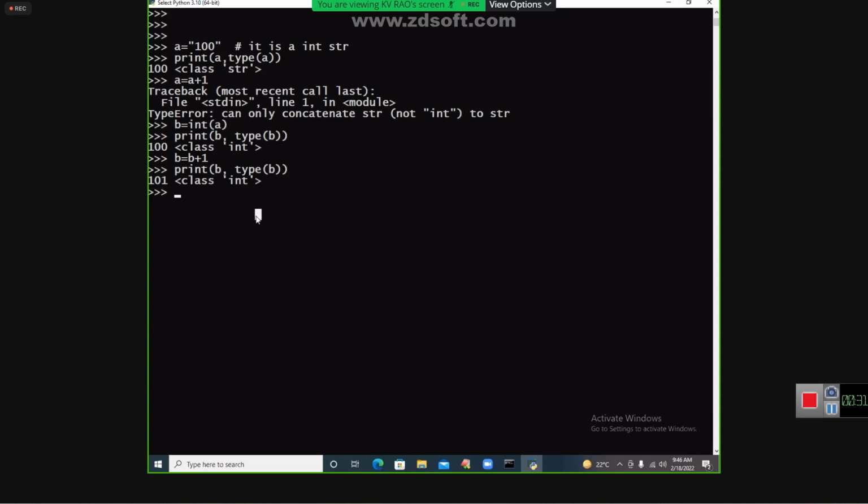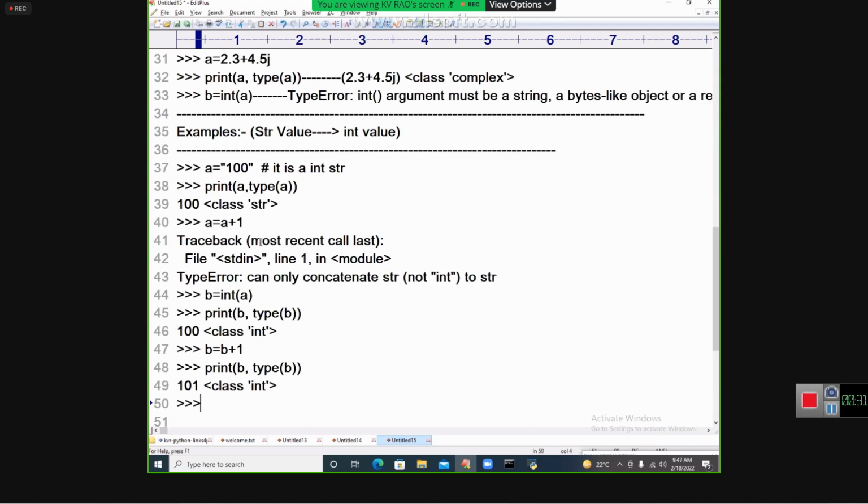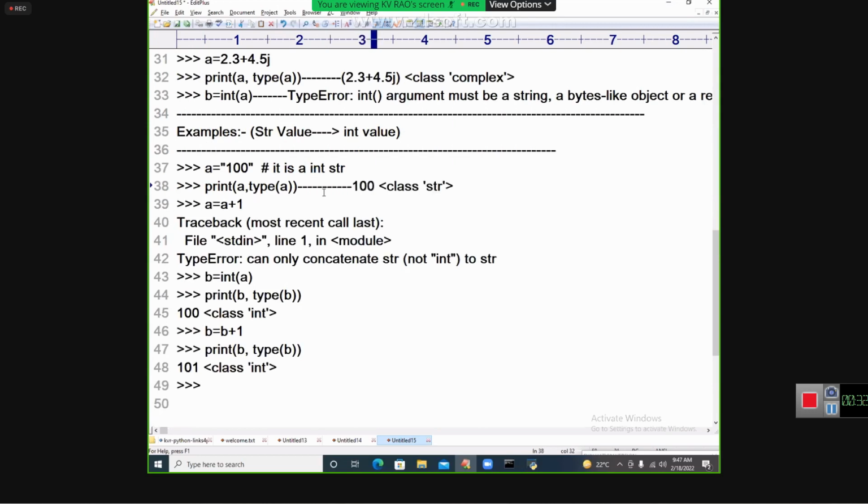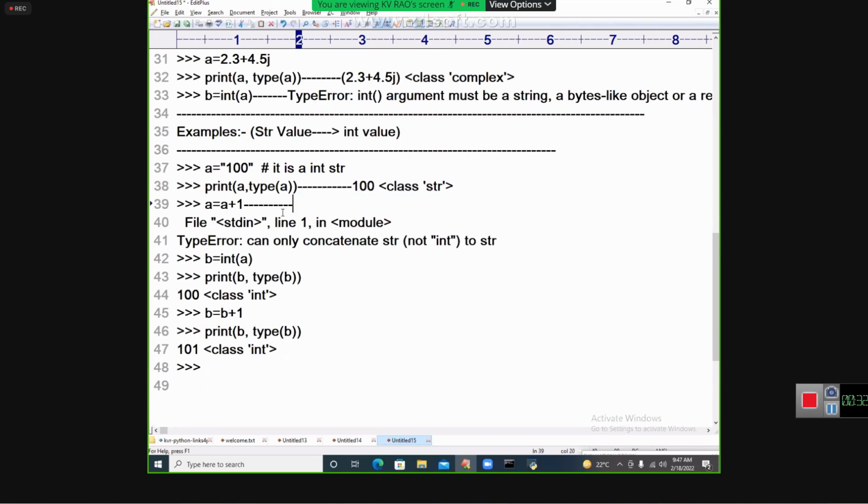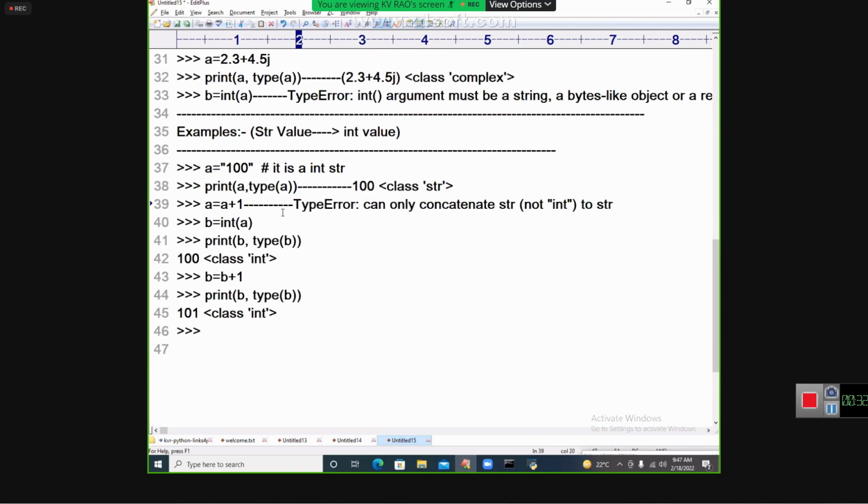See, my dear students, tell me: can an int string be converted into int, possible or not possible? Here what is this? It is int str. One minute. I will still give you a lot of examples, mind-blowing examples, because if you learn Python so deeply from me, you will get the job.